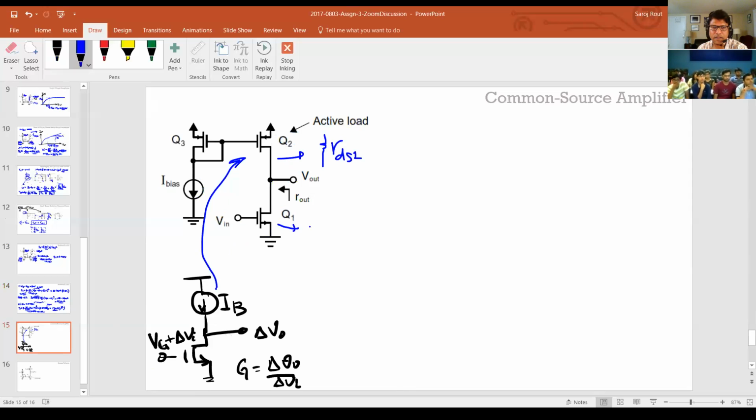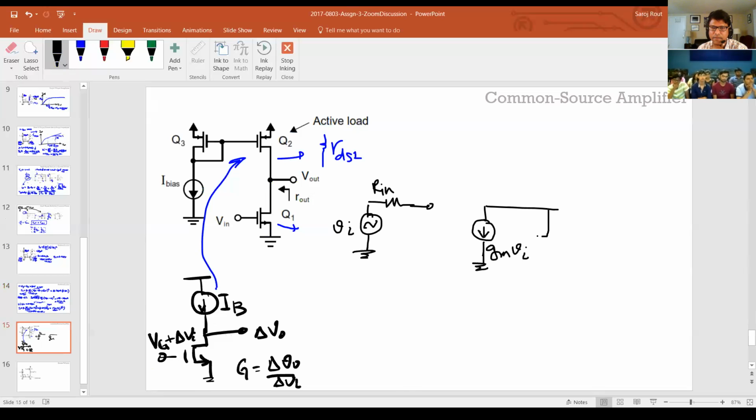And for this, we follow the same small signal principle where we have some VI, maybe some input impedance Rin, and that's your gate voltage with respect to ground. And then from drain to source, you have GMVI in this direction. And then you have the output impedance of this transistor Q1, which I'll call RDS1.